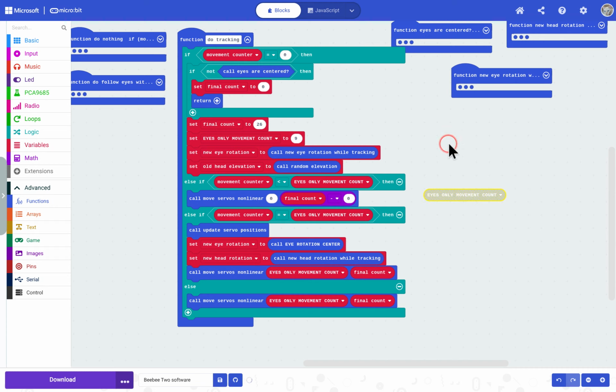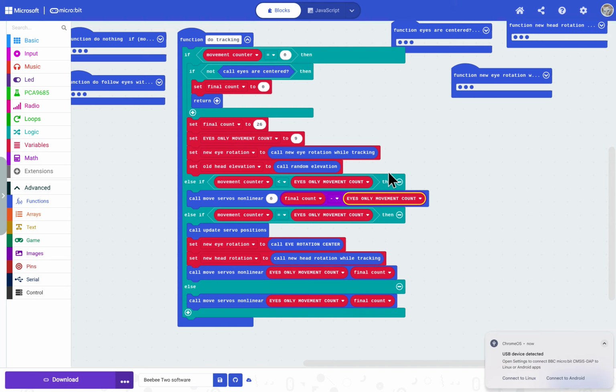I'm going to try it without that. Let's try it with that. All right, let's try this. Okay, made a change. Let's try it. Should still work because of the way I built this.